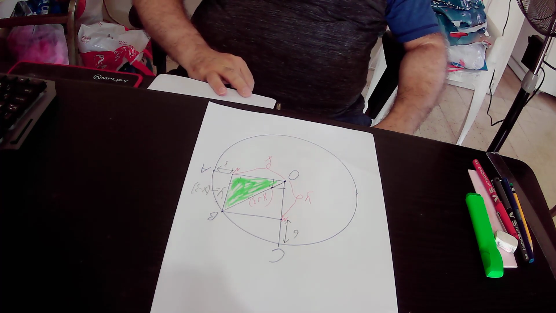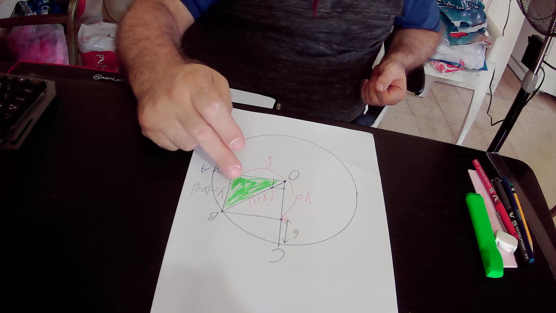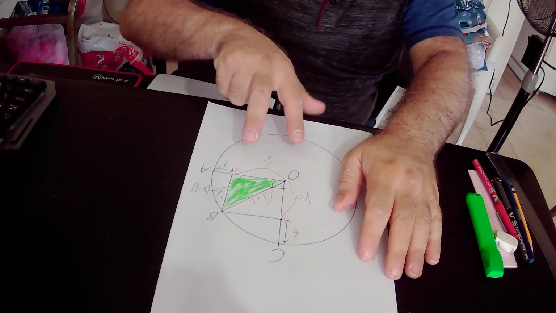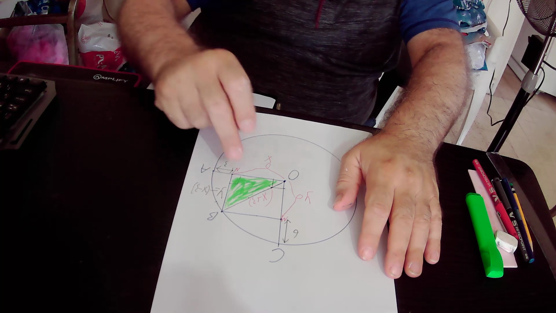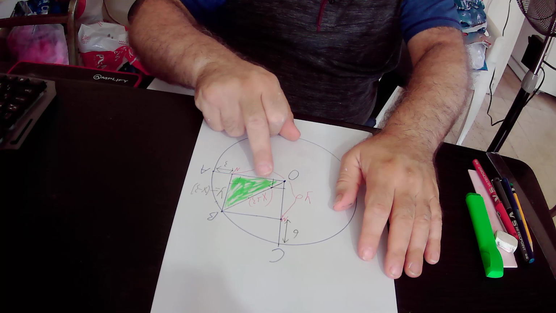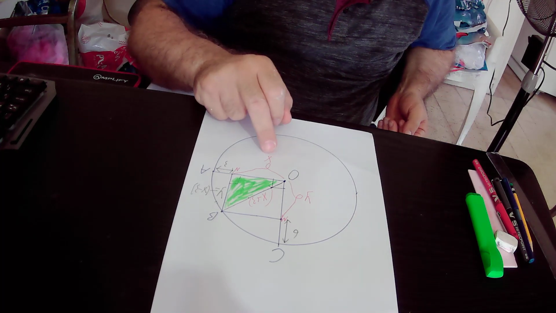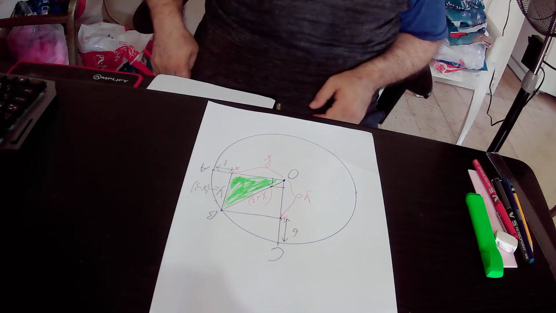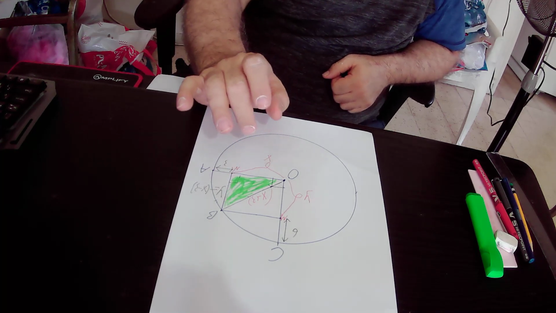Okay, so in the right triangle, we know that side ON equals x, side BN equals x minus 3, and the hypotenuse of the right triangle equals x plus 3. So we can use the Pythagorean theorem in order to find out the value of x. The Pythagorean theorem states that the square of the hypotenuse equals the sum of the squares of the perpendiculars.